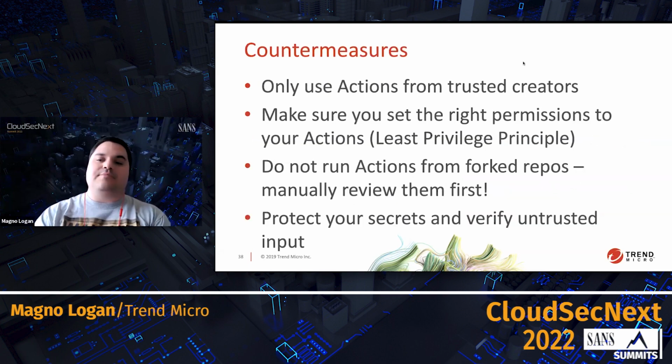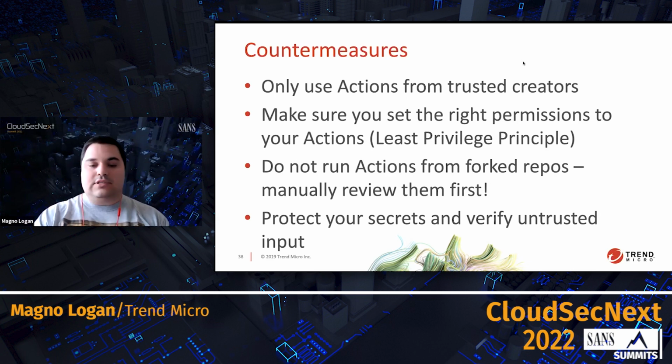But as for countermeasures, these are my bullet points or recommendations, right? Make sure that you only use actions from trusted creators. And set the right permissions for your actions. Some actions may need permissions such as read and write, and others may only need read, so just check on that as well. Do not run actions from forked repos. GitHub implemented a protection around the forked repo issues that I mentioned before.